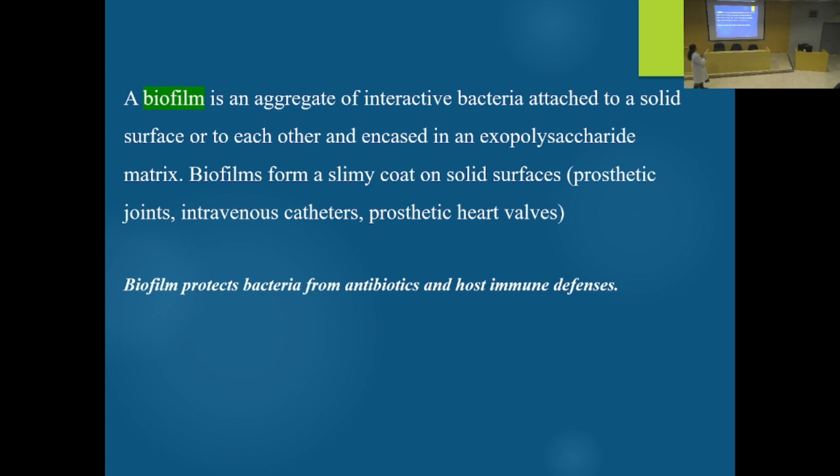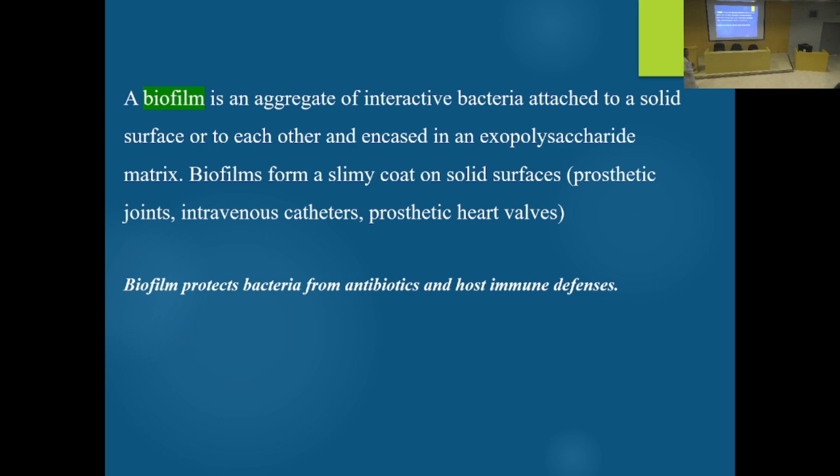Then there is something called biofilm. So what are these biofilms? They are aggregates of interactive bacteria. So the bacteria, once they enter into the human body, they come close together, they develop, and there is a film-like production. And what is the importance of this?